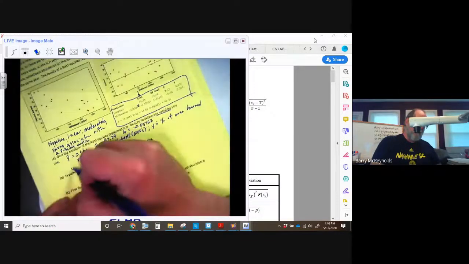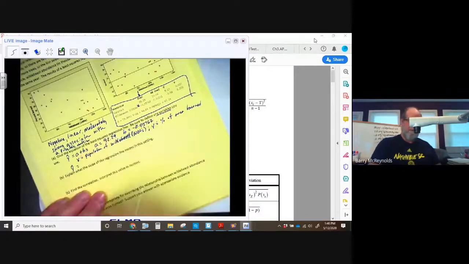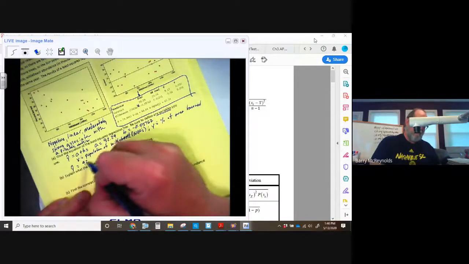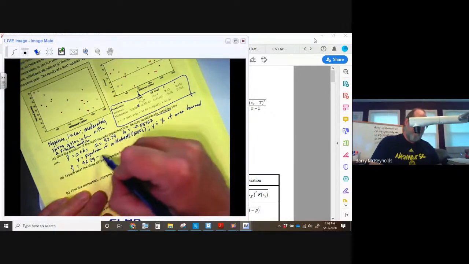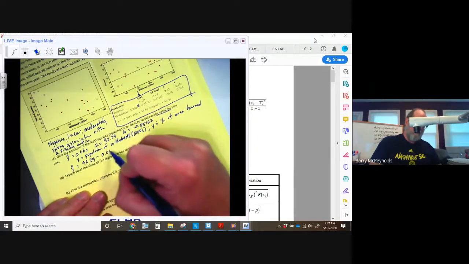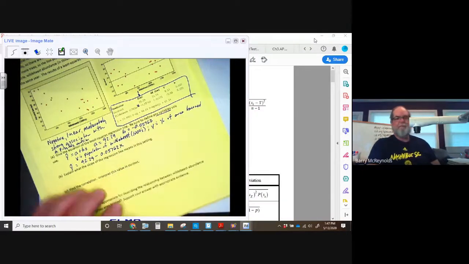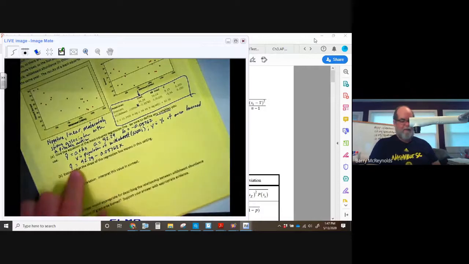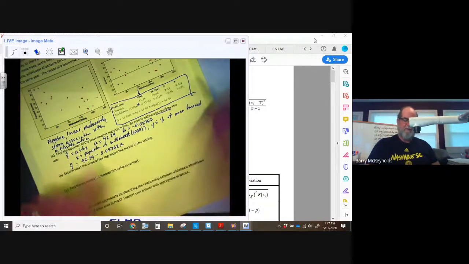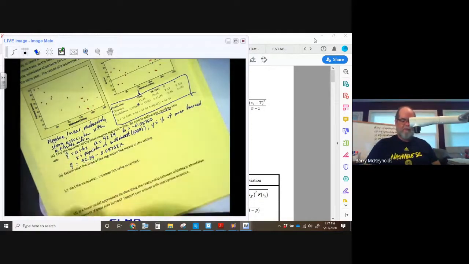So now we can say Y hat is A plus BX, 92.29 minus 0.05762 times X. Okay, and so that gets our equation defined. We define the variables, so the reader knows that we know exactly what's going on here.